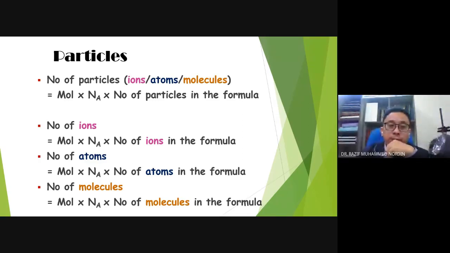So, number of ion, perubahan dia sedikit saja, particles ni ditukar kepada ion, which is number of moles times the Avogadro number and number of ion in the formula. While for the atom, if you are interested in the atom, number of mole times the Avogadro number and number of atom, and so forth with the number of molecule of the formula.